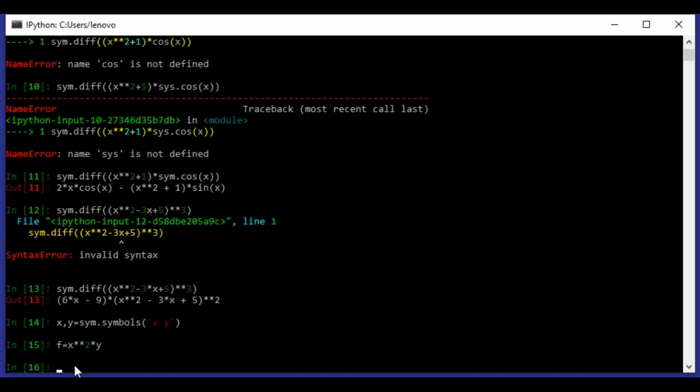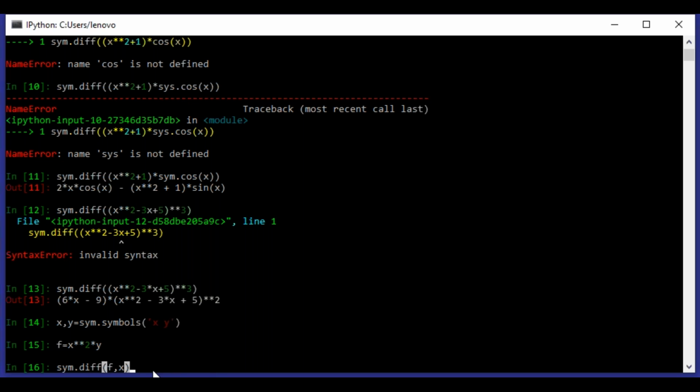Then for finding the derivative, sym.diff in brackets f comma x. This f is our function in the two variables x and y.